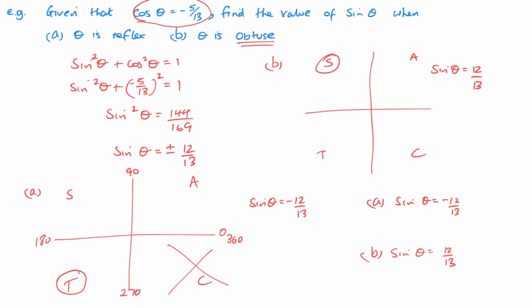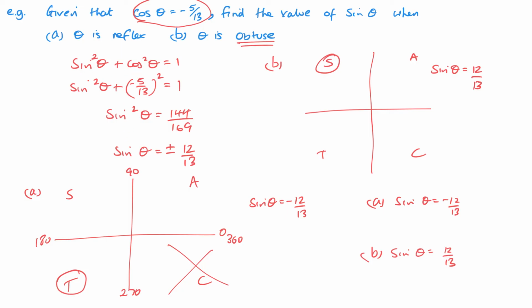And it's just using that CAST rule to help you work out which quadrant you're in, and once you know which quadrant you're in, you can then get the sign right. Up to that point, you've just got two options to work out the size of the angle. This one's particularly quick, especially if you're going from sine to cos or cos to sine.